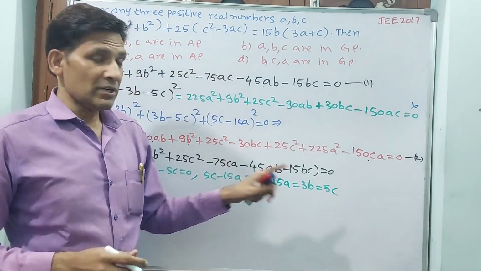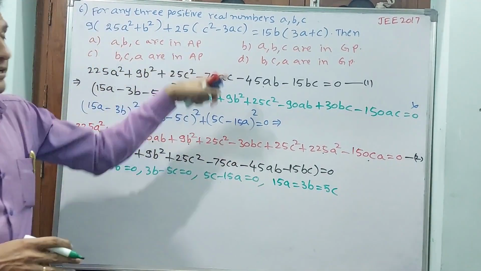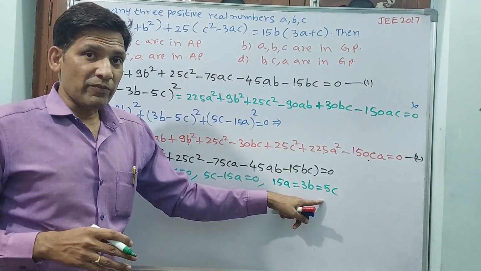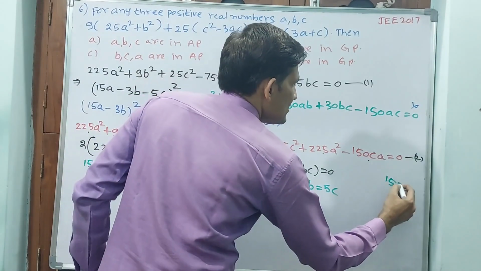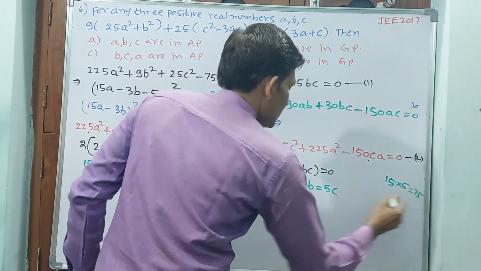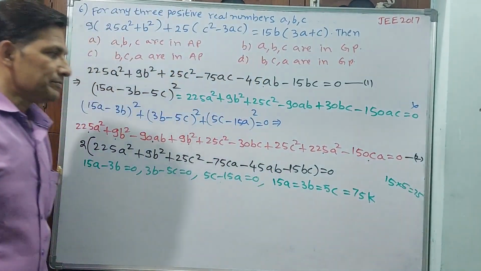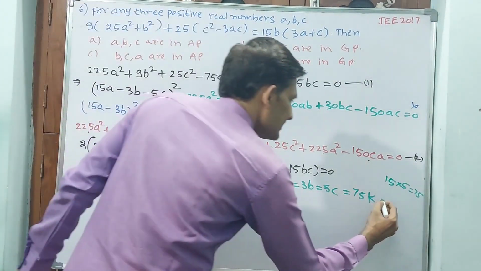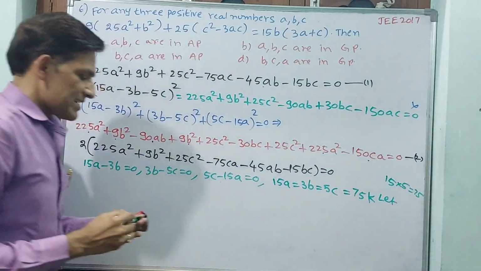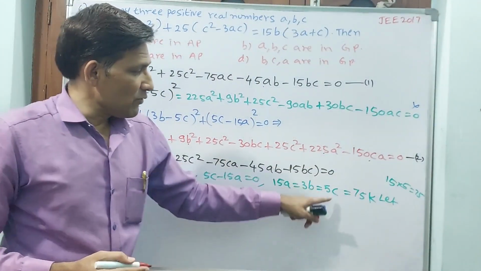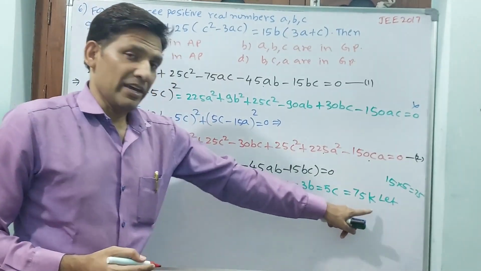Don't take that, because you are not going to get the answer. Largest number, 15 into 5 is 75, so this is equal to 75K I am taking. Understand how 75K has come? 15 into 5, 75K. K we have taken.